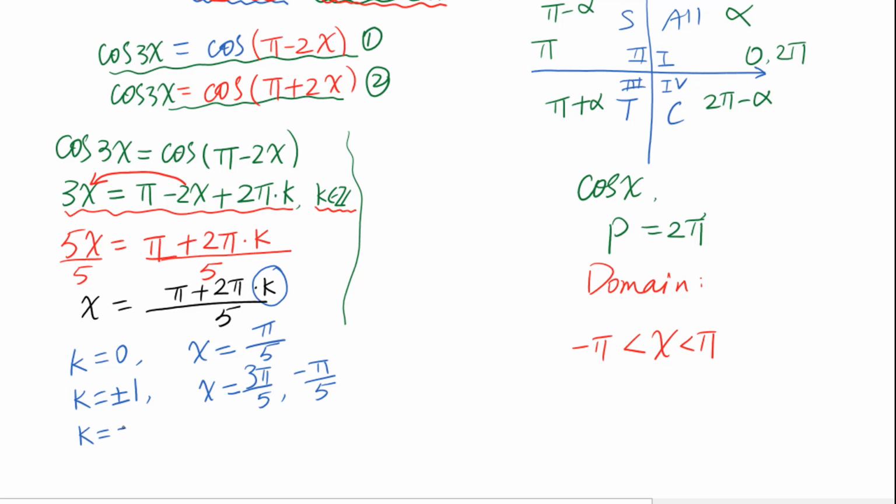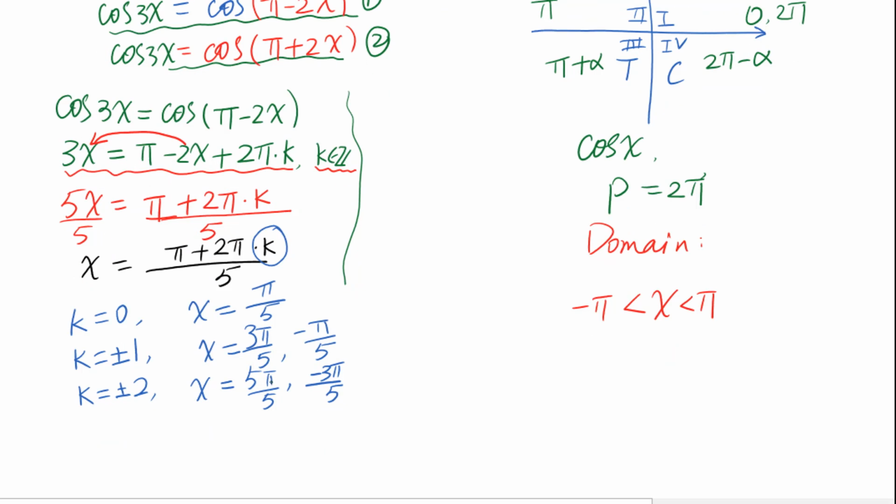When k equals positive or negative 2, for positive 2, that is 5 pi over 5. Negative 2, you will get negative 3 pi over 5. For 5 pi over 5, we reduce, x equals pi. Look at this domain, x is less than pi. For positive 2, we stop here.